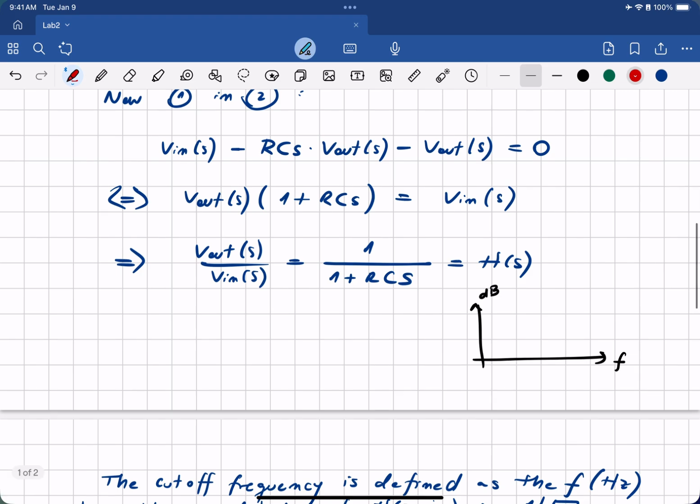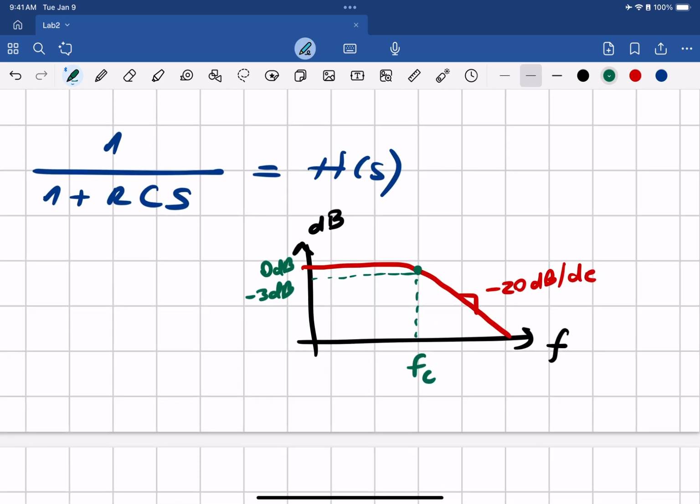But let's follow up. This slope is going to be minus 20 dB per decade. Around here this should be 0 dB, and here we're going to have minus 3 dB. This frequency corresponds to the cutoff frequency.